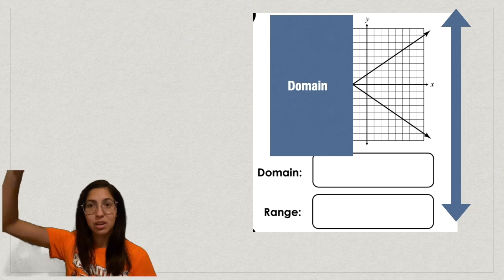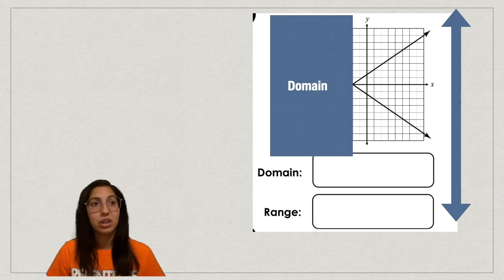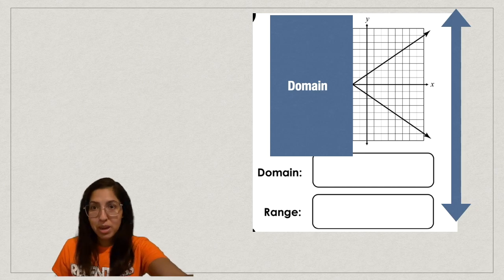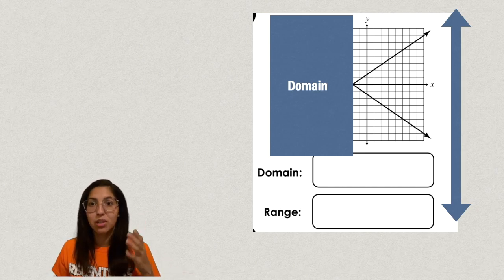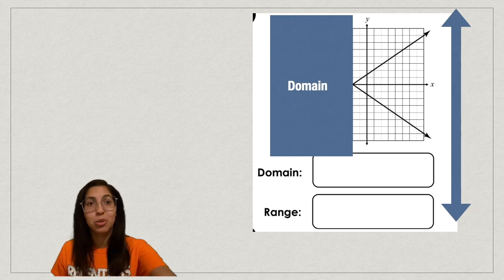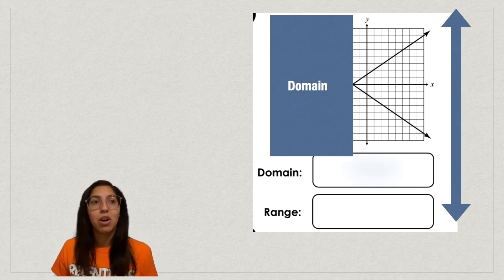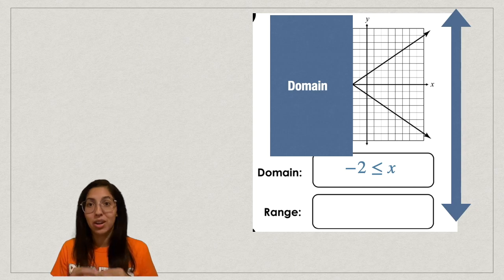So it's going top to bottom as far as this graph wants to go. So for this domain, we do have a starting point. Our lowest x value is -2, so -2 is less than or equal to x, meaning all x values are bigger than -2 on this graph.